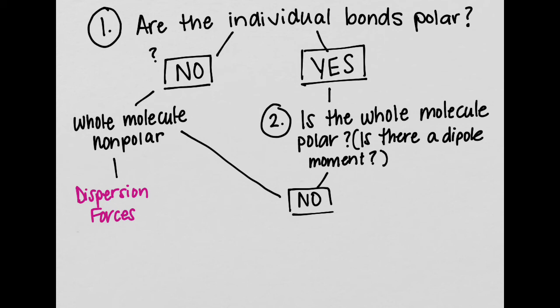What happens if I answer this question yes? If I answer this question yes, then the next step is to figure out if I have dipole-dipole forces, or if I have that special kind of dipole-dipole force, like H and F, O, or N. So I'm going to ask the question, is HFON a thing?